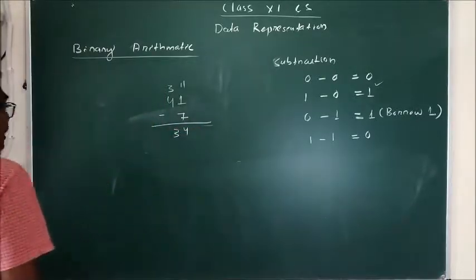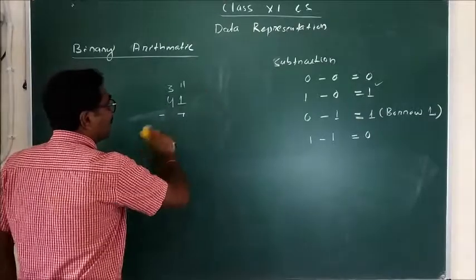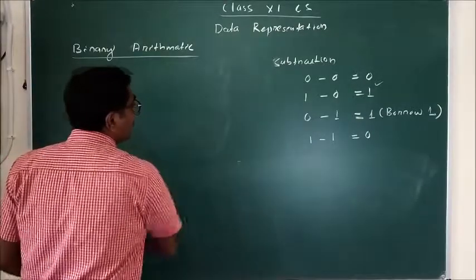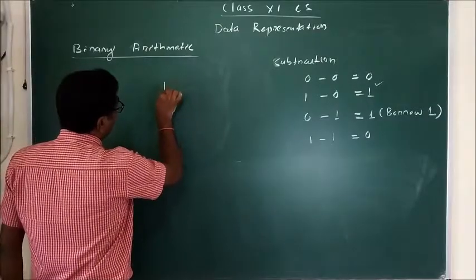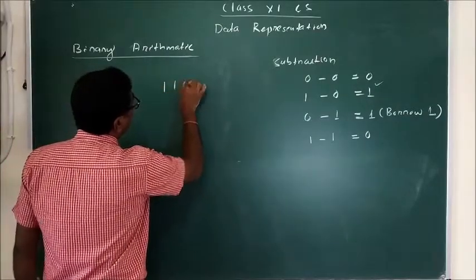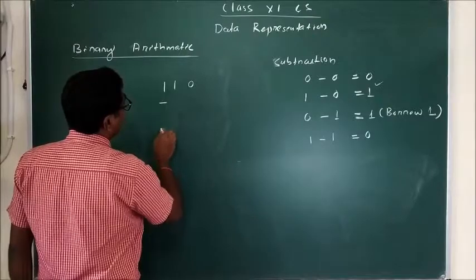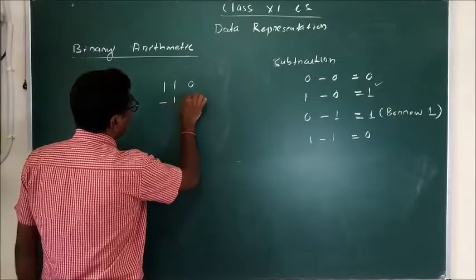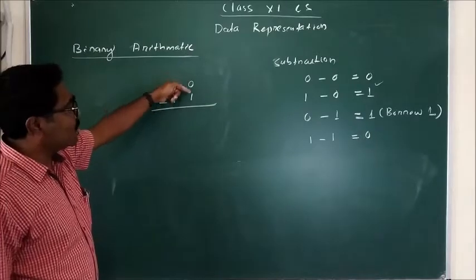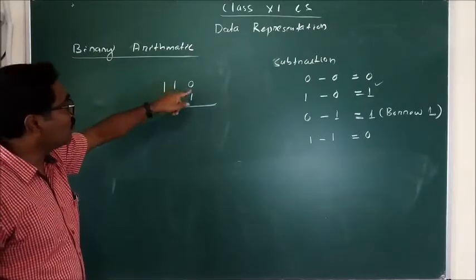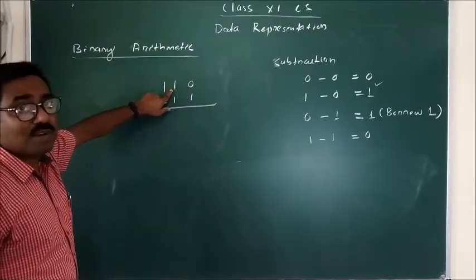The same thing happens in the case of binary subtraction. Suppose I am doing something like this: 1 1 0 minus 1 1. Then what happens? 0 minus 1 is not possible, so I have to take 1 from here.